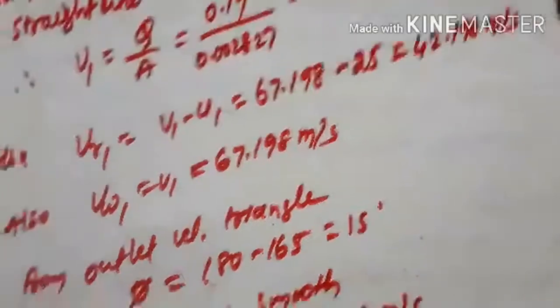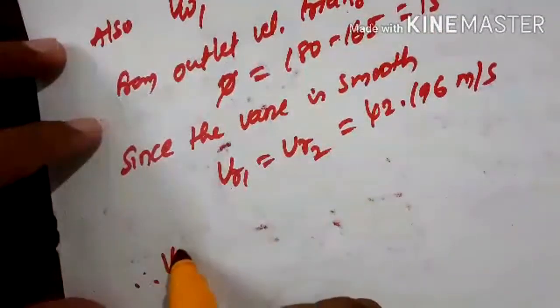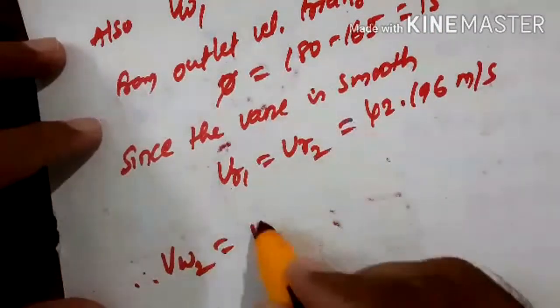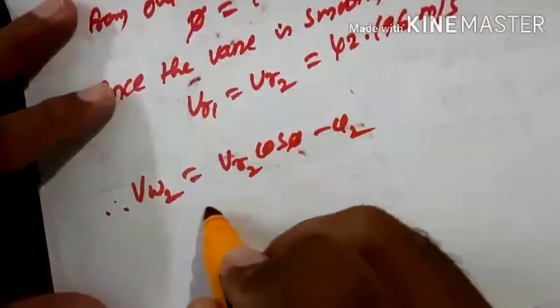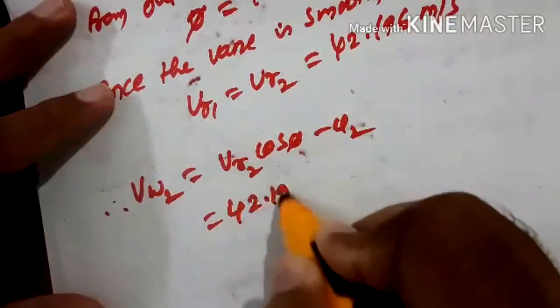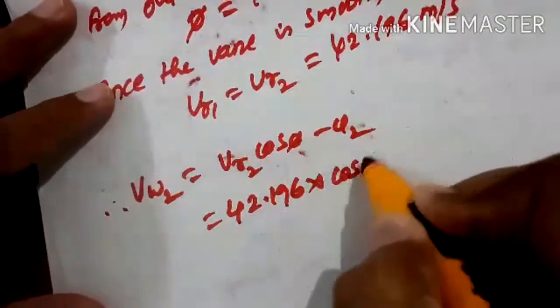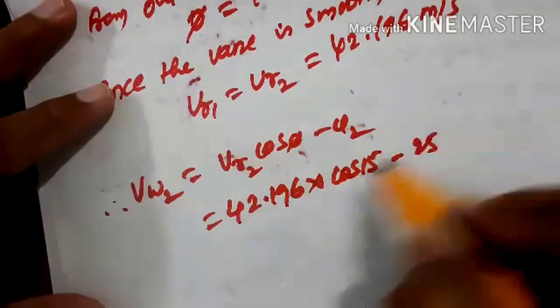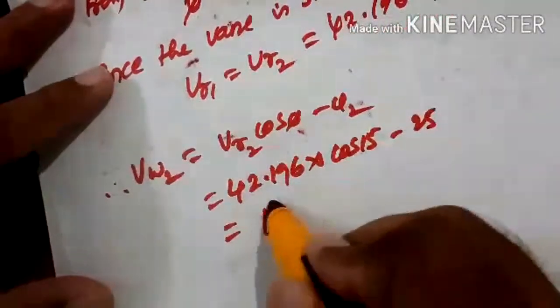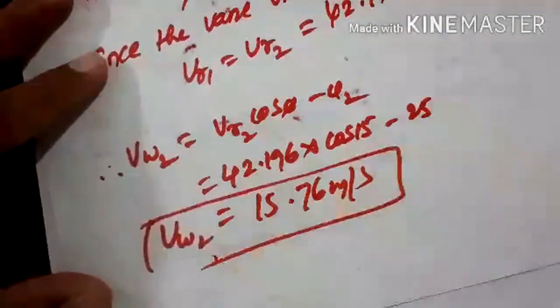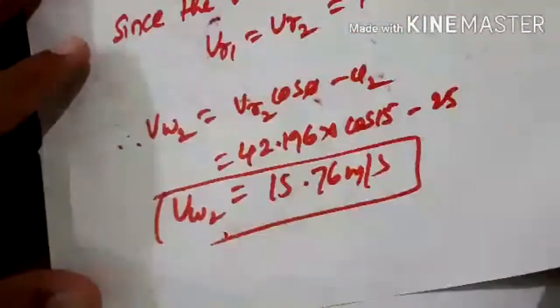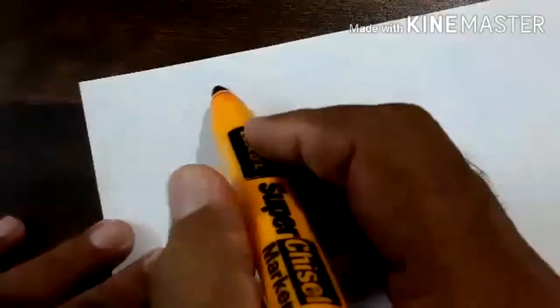So VW2 can be written as VR2 cos phi minus U2. Then VR2 is 42.196 into cos of 15 minus 25, which gives 15.76 meter per second.